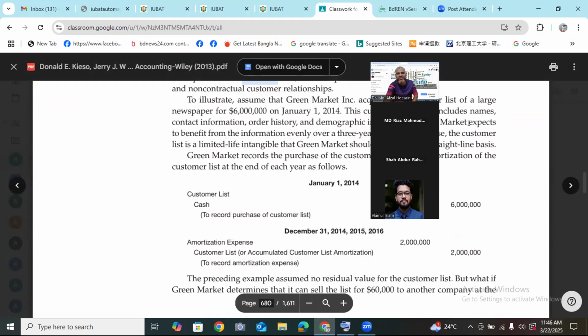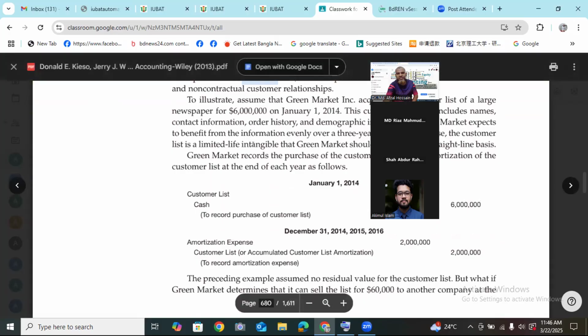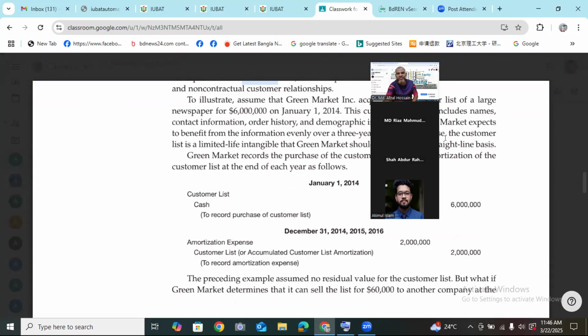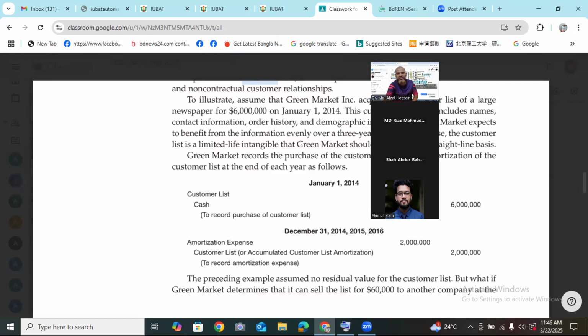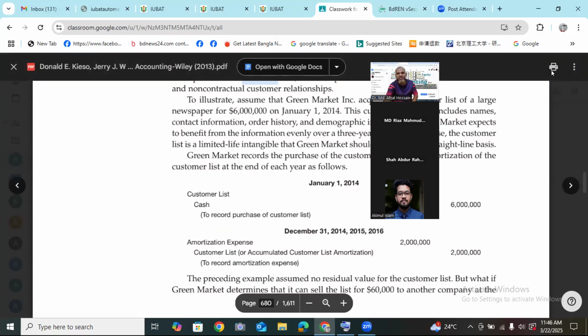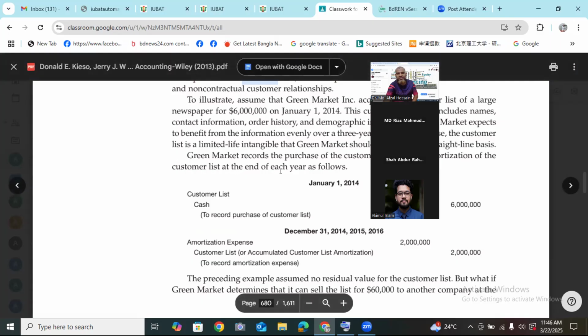Green Market expects to benefit from the information evenly over a 3-year period. In this case, the customer list is a limited life intangible asset and should be amortized on a straight line basis. Green Market records the purchase of the customer list and the amortization at the end of each year as follows.